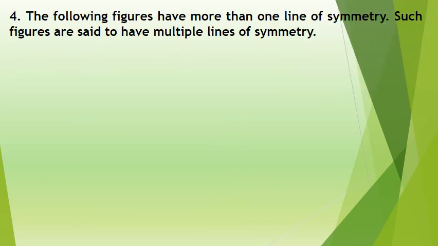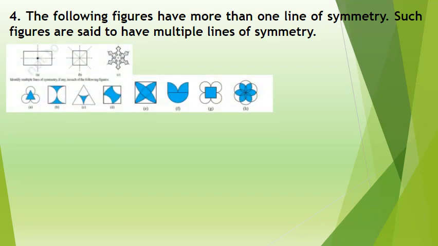Next question number 4. The following figures have more than one line of symmetry. Such figures are said to have multiple lines of symmetry. Next, identify multiple lines of symmetry, if any, in each of the following figures.